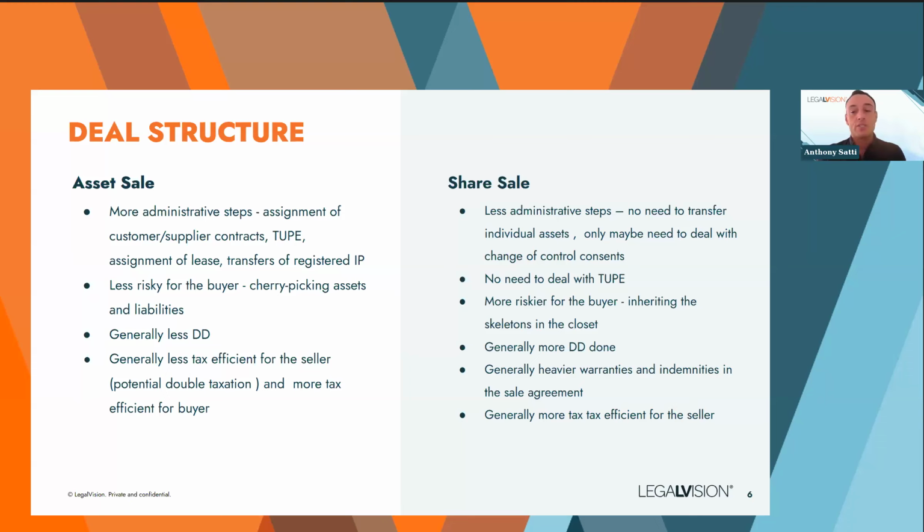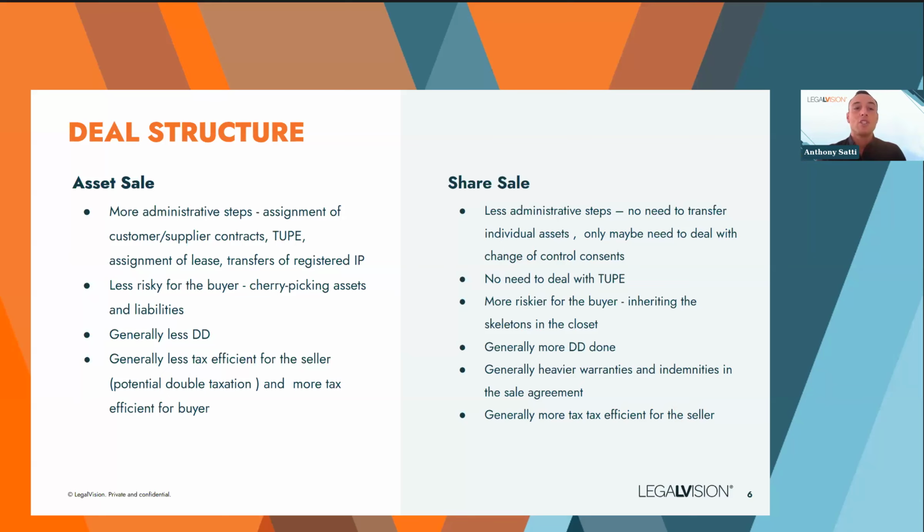Both have advantages and disadvantages. From the perspective of an asset sale, there are a lot more administrative steps that come with that, particularly in having to deal with PPSR regulations, assigning over contracts and leases, and transferring IP and the like.